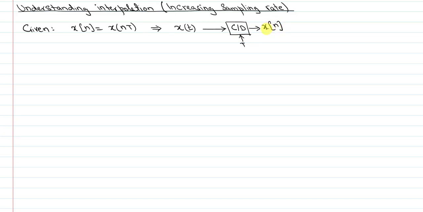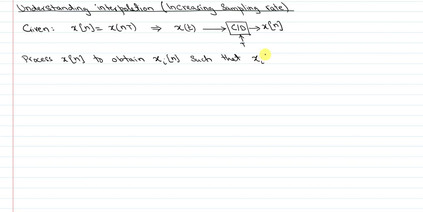And what we want is to somehow process this signal x[n] to obtain another sequence x_i[n], I for interpolation, such that the final signal that we get, x_i[n], appears as if it was sampled with a sampling period of T/L.